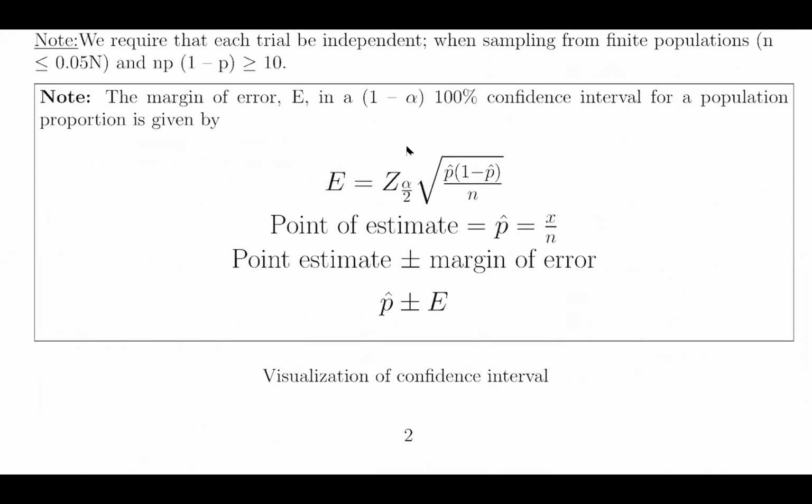This is how we're going to find our confidence interval. When we find the confidence interval, we want to find an interval. The first thing we want to do is find E, which is the margin of error. So we first want to find the margin of error. This Z value over here is going to come from the T table I told you about last time.